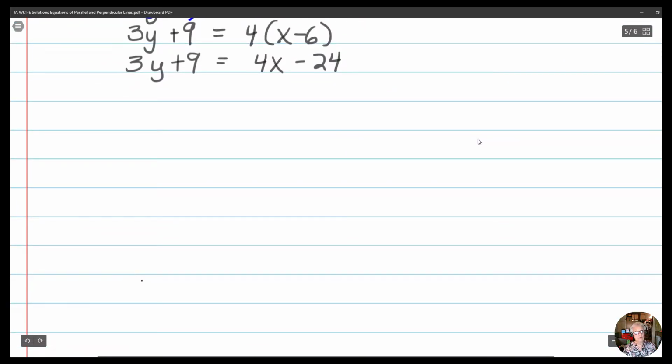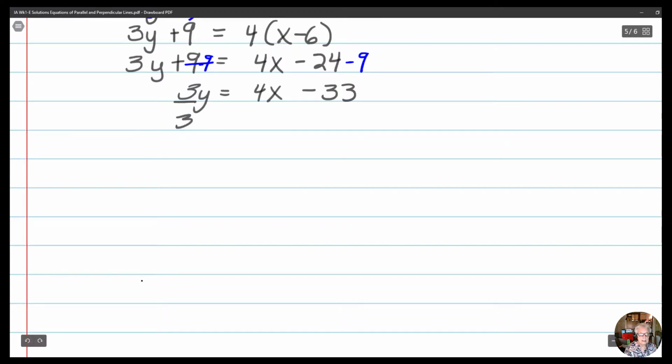All right, now I subtract 9 from both sides. 9 minus 9 is 0. 3y equals 4x minus 33.